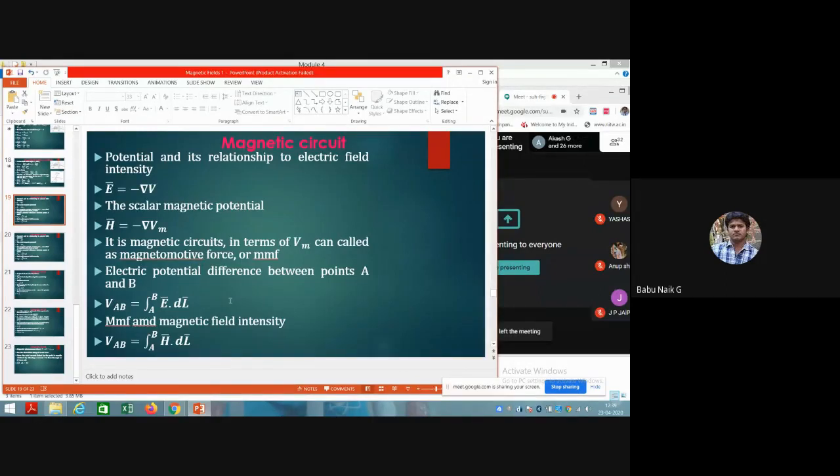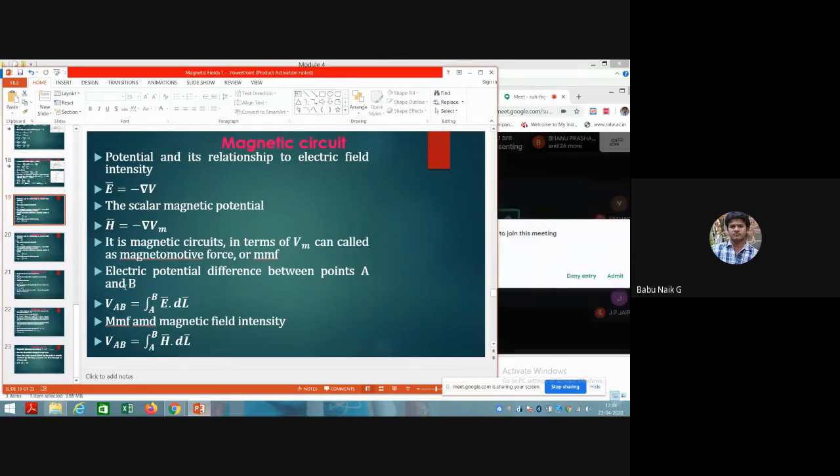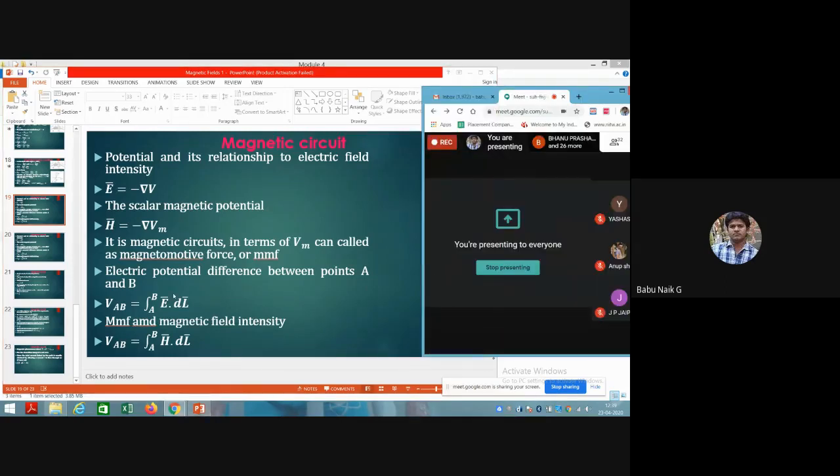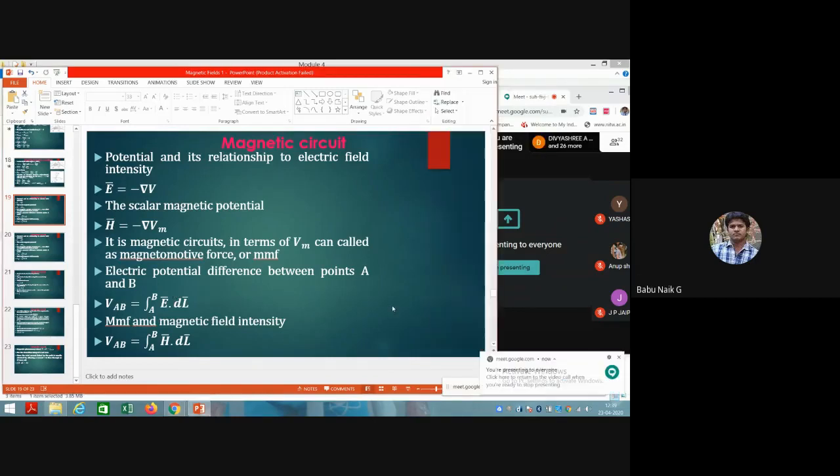So you can calculate the potential difference between points A and B. Suppose you consider an example where the potential is to be calculated across a resistance, with points A and B.